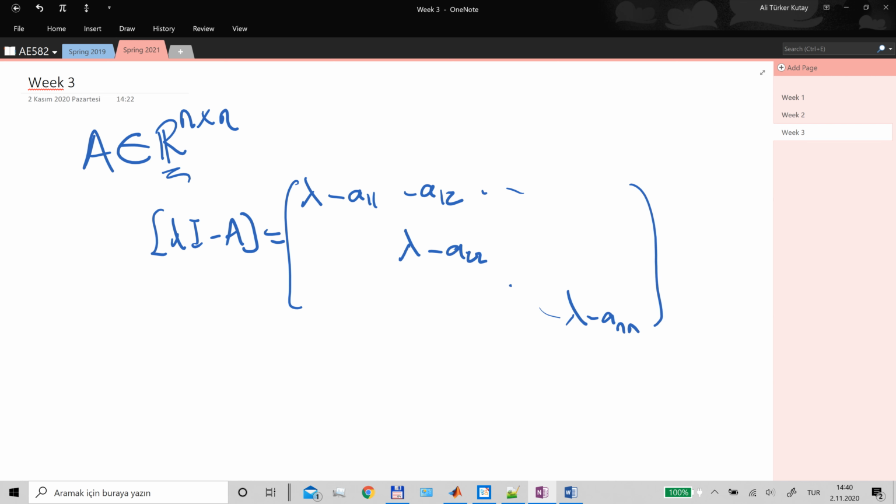You know, determinant of a matrix is a scalar quantity. And the determinant of this particular matrix, lambda I minus A, will in fact give you an nth order polynomial of variable lambda. This will look something like lambda to the power n plus some coefficient c1 times lambda to the power n minus 1 plus and so on.